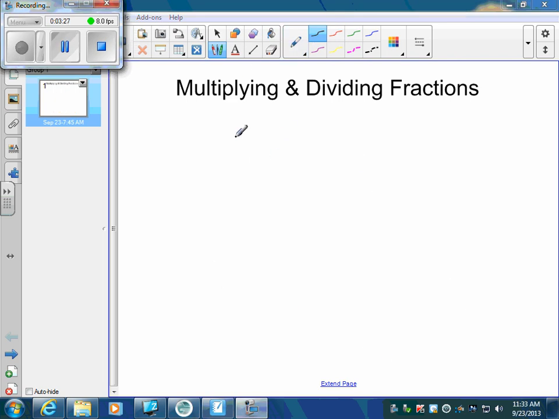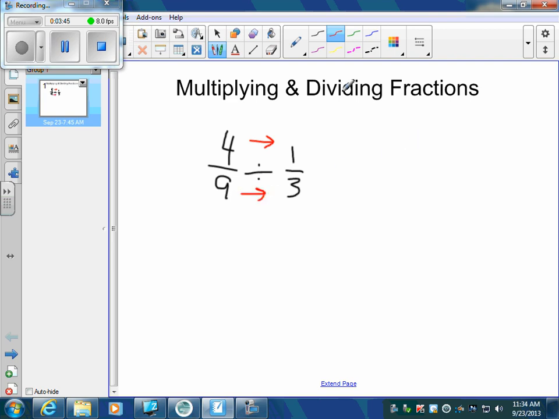Okay, let's try another example. Let's say we have 4/9 divided by 1/3. If I look at my numerators, they work. 4 divided by 1 is 4. And 9 divided by 3 gets me 3.